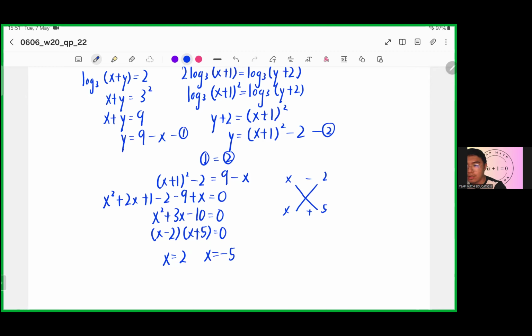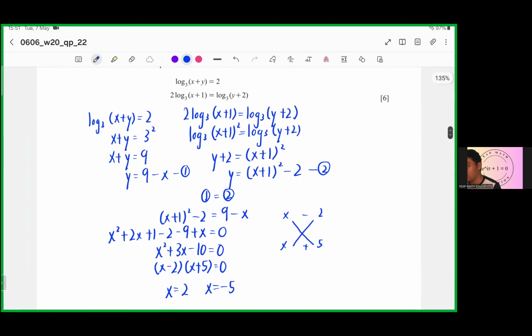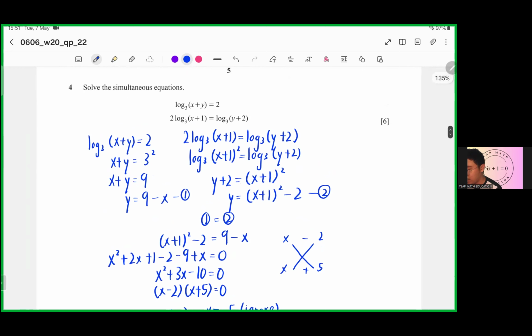But this is not the finished part. We need to continue to the next part. For this question, x equals negative 5 will be null. Why? Because if I put negative 5 here, I will get 2 log of negative 4.